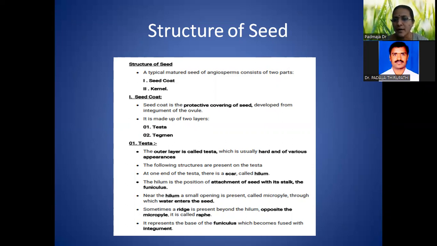That means the seed coat is formed from the integuments of the ovule, and it is made up of two layers, testa and tegmen. The outer integument and the inner integument, after fertilization, are called testa and tegmen.